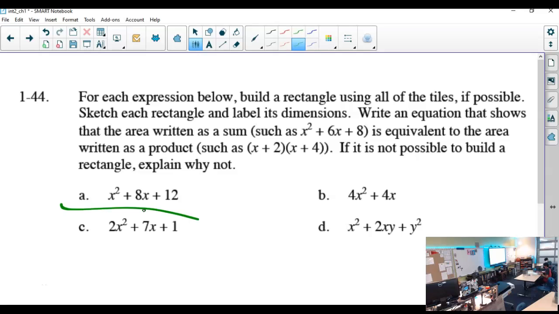Are there ways to make rectangles out of these? Because I don't know. I just tried the first one, and I think it's broken. Anyone think you can make a perfect rectangle with that first one?